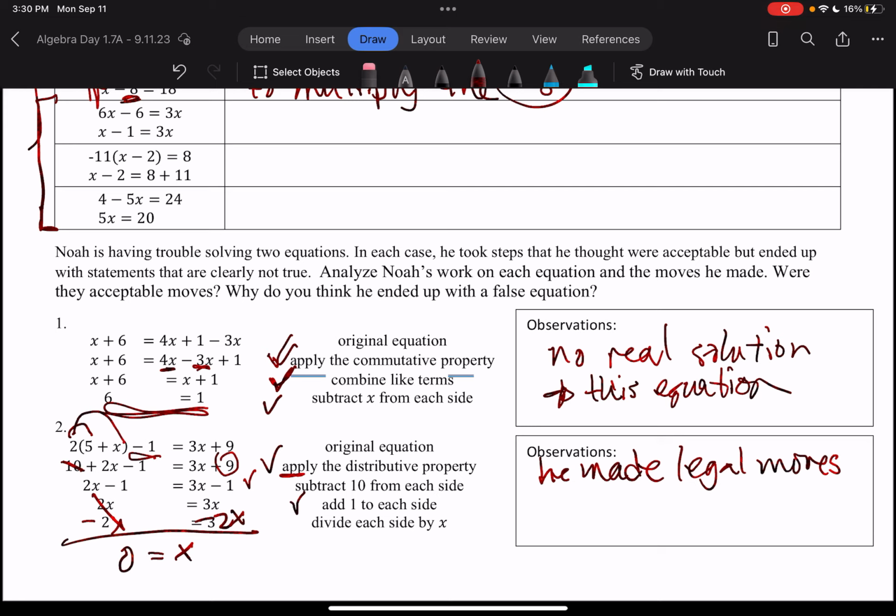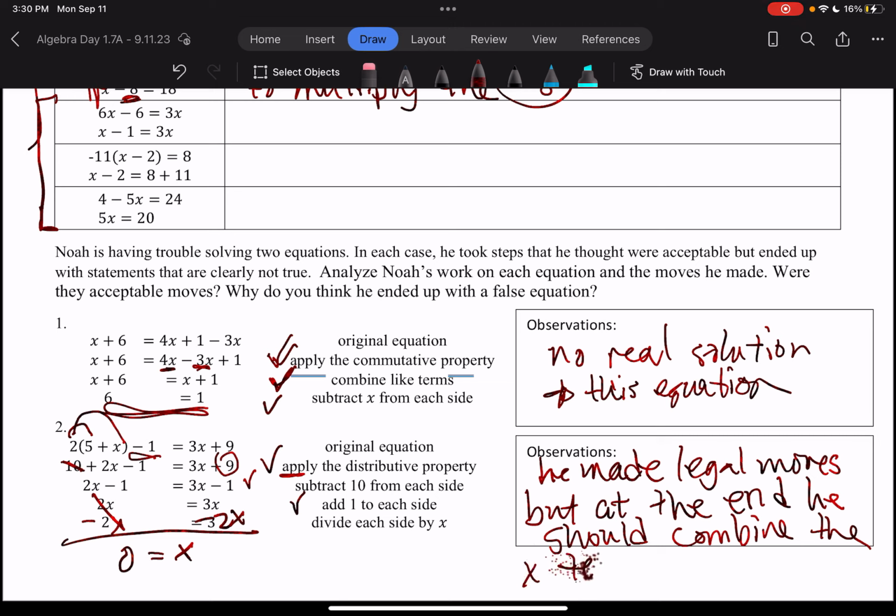Yes. So he made legal moves, but at the end, he should combine the x terms and we'll find x equals 0.